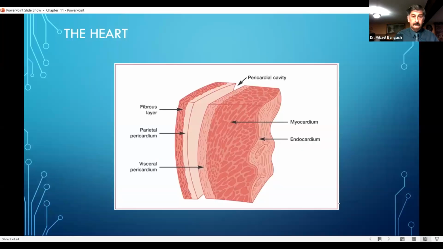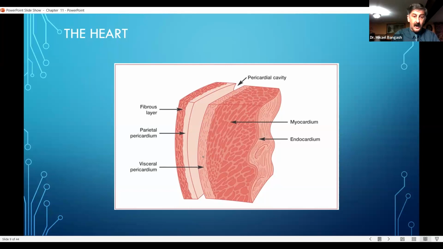Or if you look here, can you guys see this other drawing? Okay, so this is your parietal pericardium. This is the visceral pericardium, when we take these two layers as layers of the pericardium.